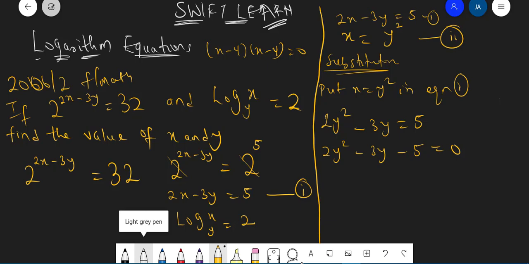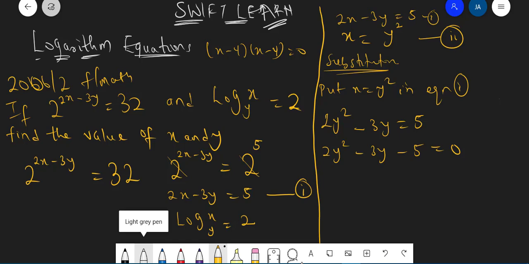So 32 will give me 2 raised to power 5. Then this can cancel this, so I will have 2x minus 3y equals 5. That's my equation 1. Then the next one, I need to express it in terms of x, because this will give me a simultaneous equation.